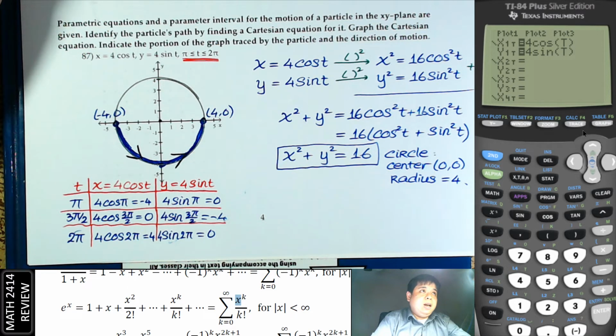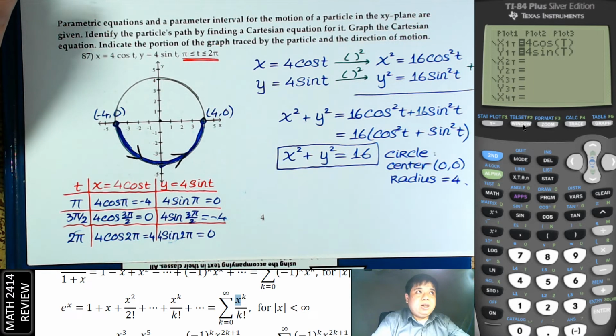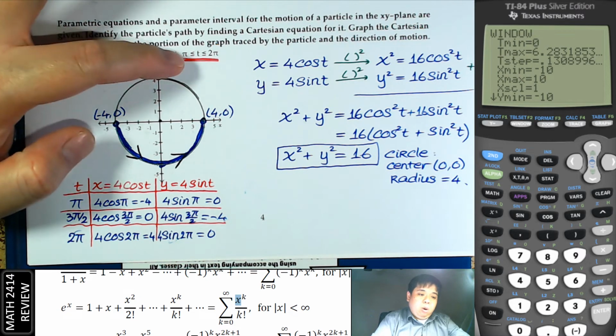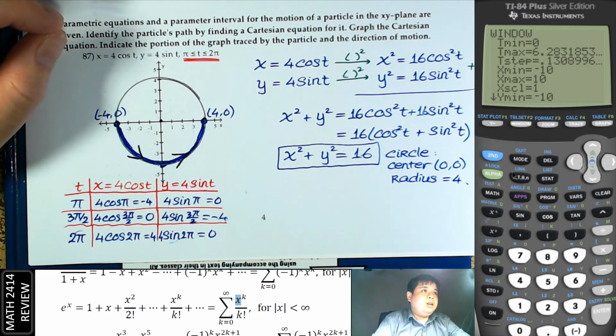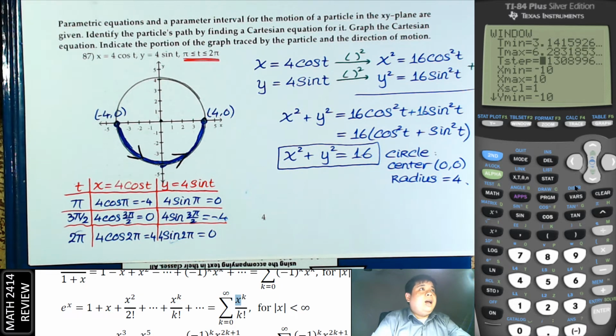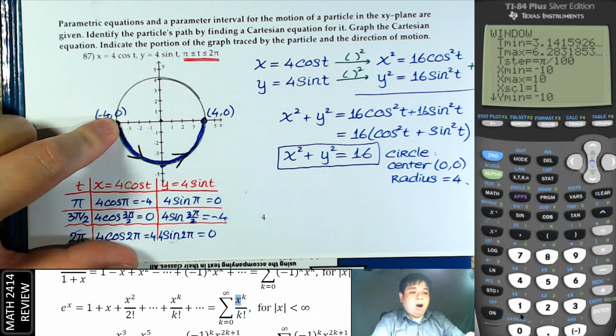Make sure the window goes from pi to 2 pi. The interval length is pi, so I will use an increment of pi divided by 100. That means I will graph 100 points from pi to 2 pi.